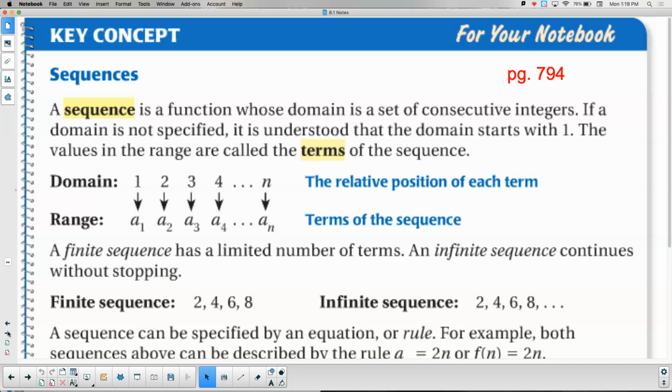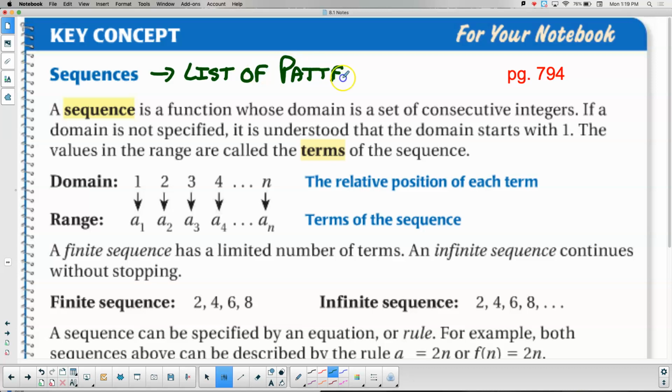So a sequence is a list of patterned numbers. It's not just random numbers thrown in a list.